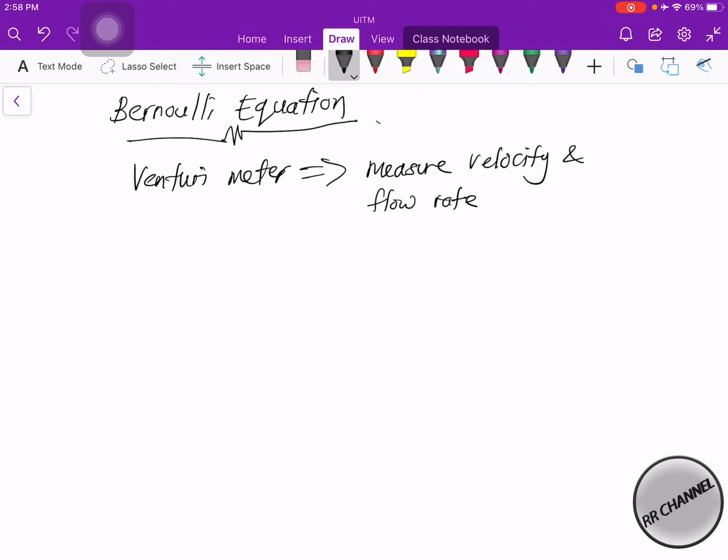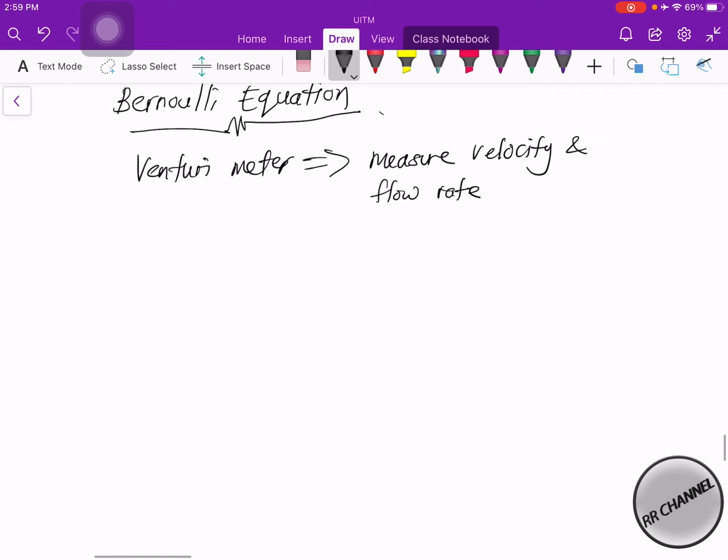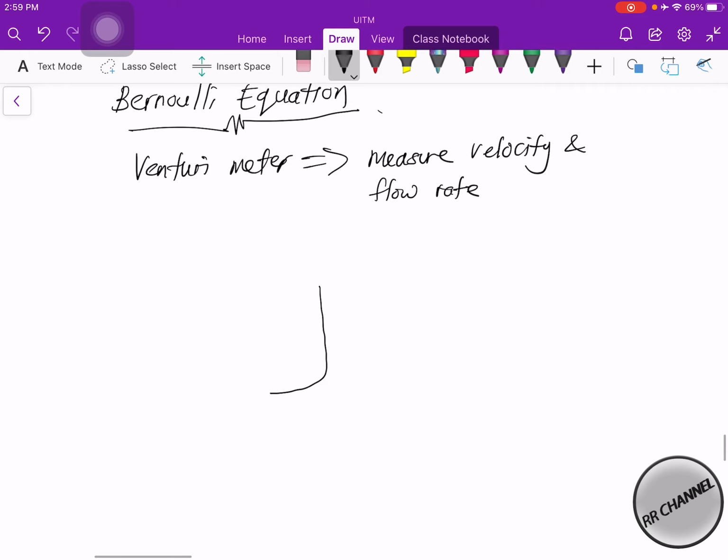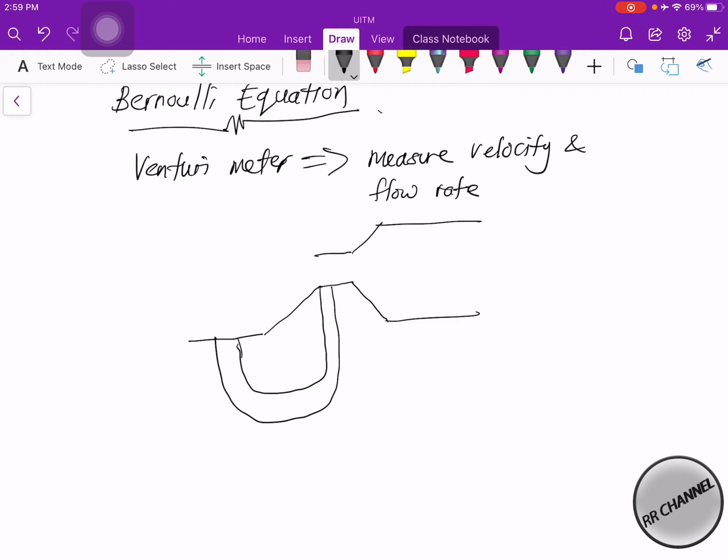The Venturi meter is usually connected with a manometer to measure the pressure difference. So this is the manometer, and then this is the Venturi meter.